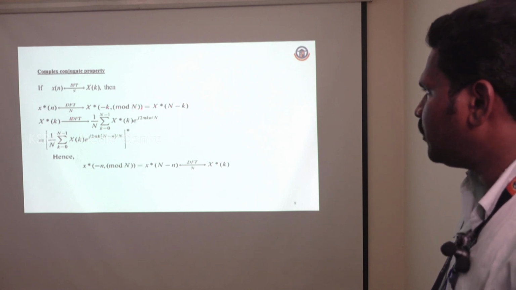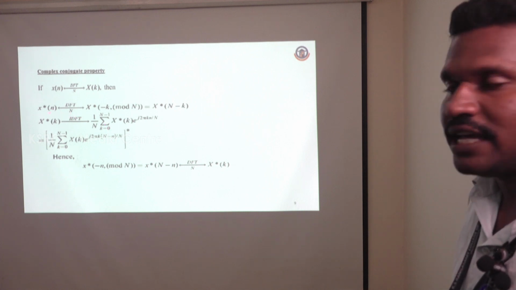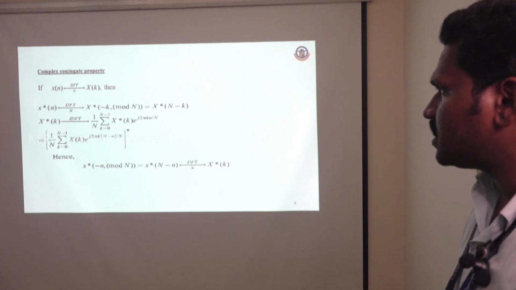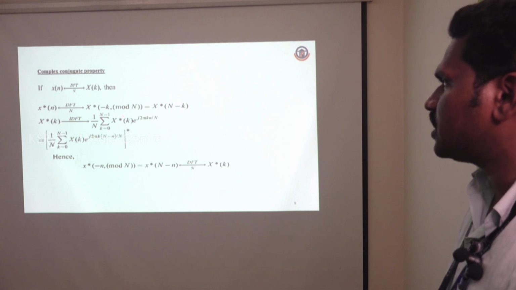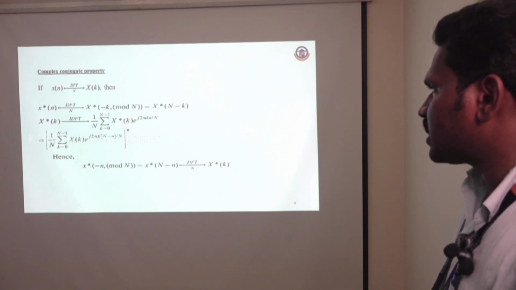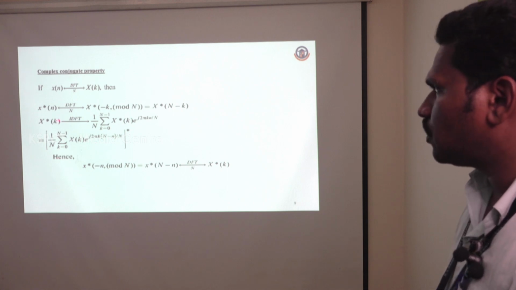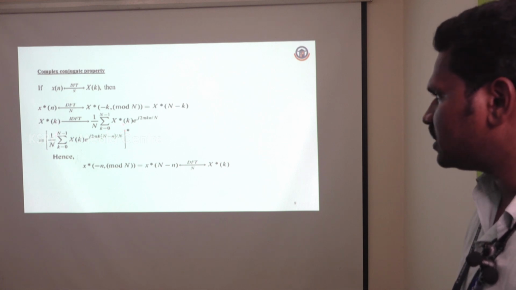Therefore, in reverse operation, I am going to use the IDFT. So x conjugate of N minus k, x conjugate of k, which is equal to, in general formula, 1 by N summation k varying from 0 to N minus 1, x conjugate of k, e power j 2 pi k n divided by capital N. So equivalently, you can take the whole sample to be conjugated.